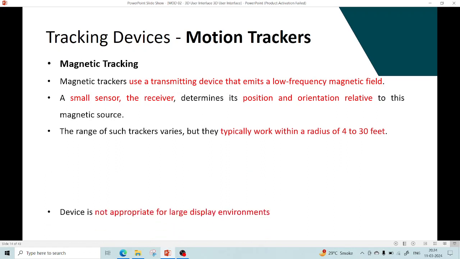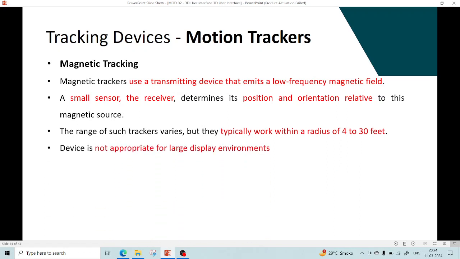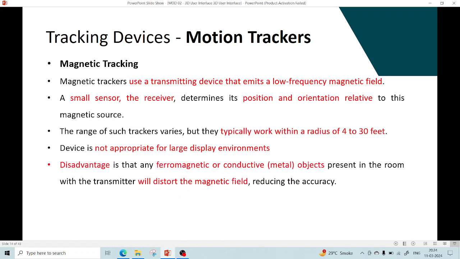As the system works on a magnetic field, the disadvantage is that any ferromagnetic or conductive object present, like metal pieces or metal objects in the room with the transmitter, will distort the magnetic field.